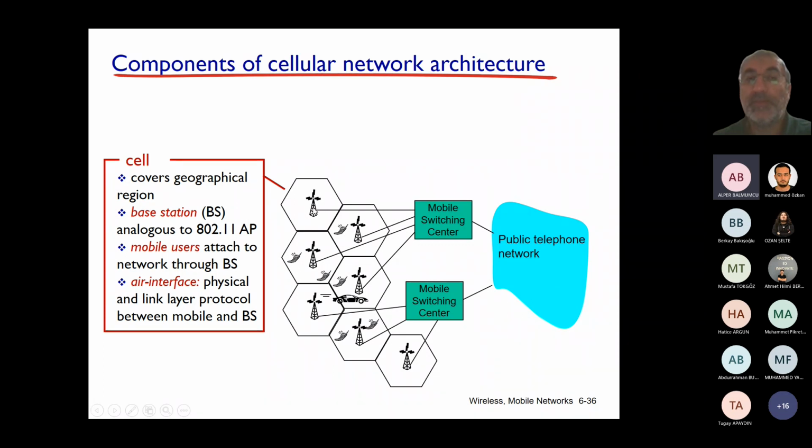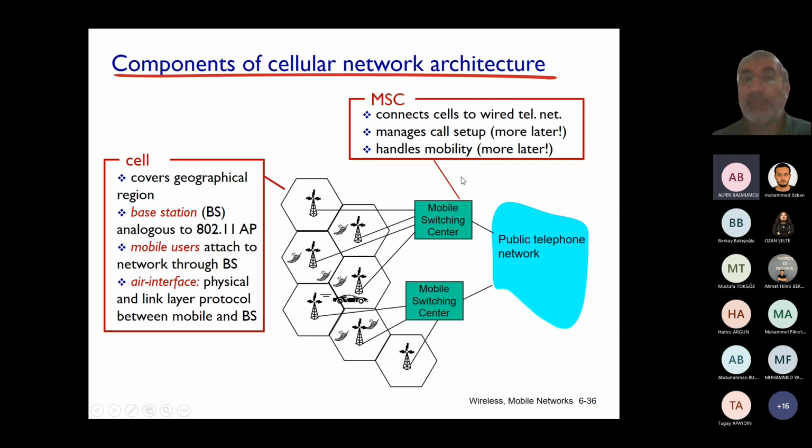In the middle, usually we have the base station, which is like an access point in Wi-Fi technology. And we have the mobile users, which are attached to the network through the base station. And we have a link, which in this case is called the air interface, the physical and link layer protocol between the mobile and the base station.